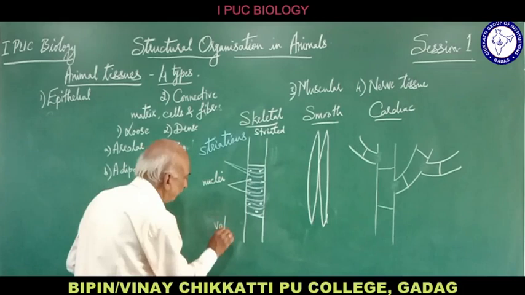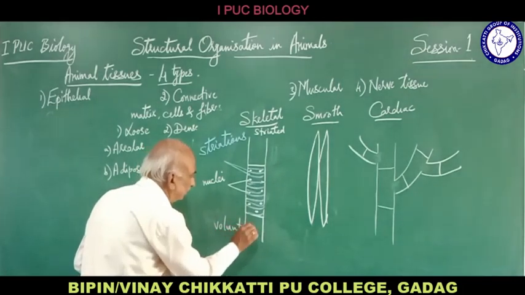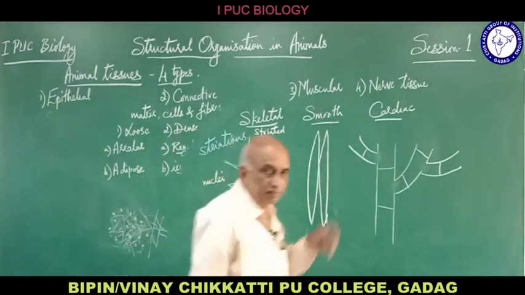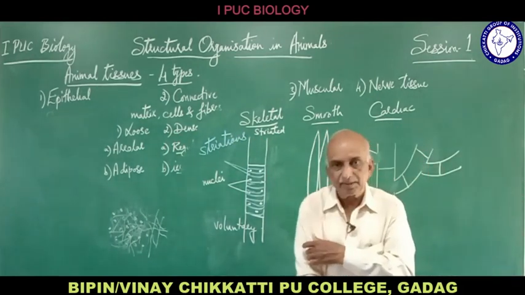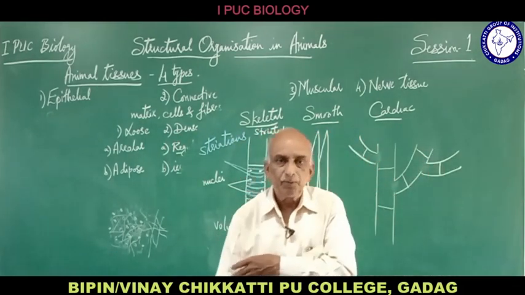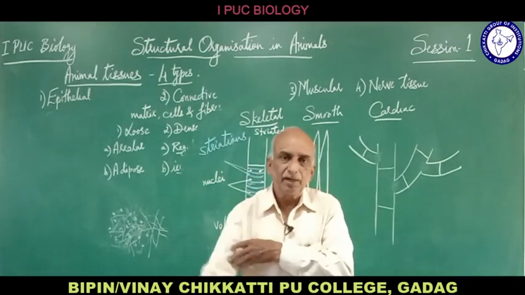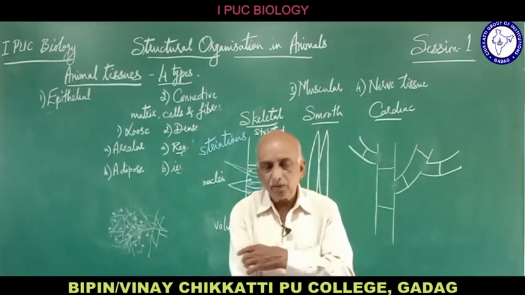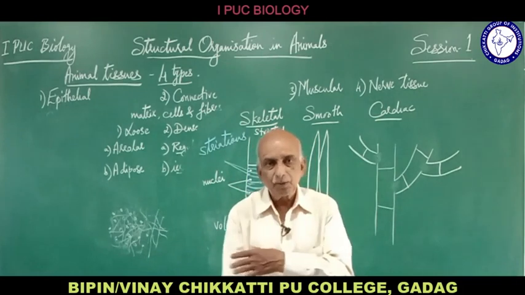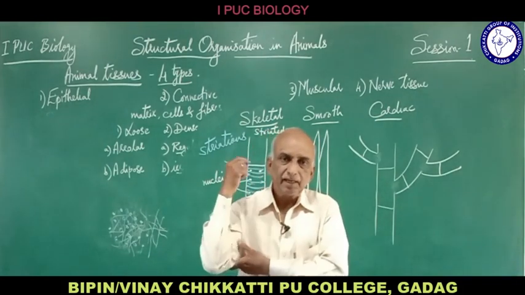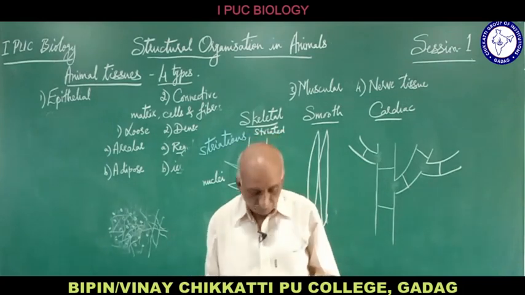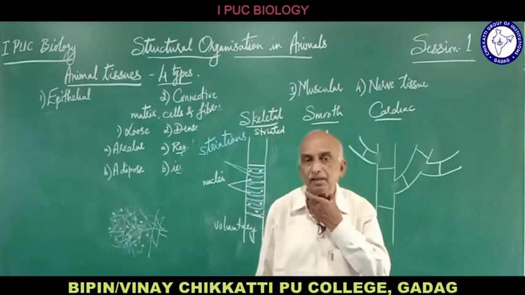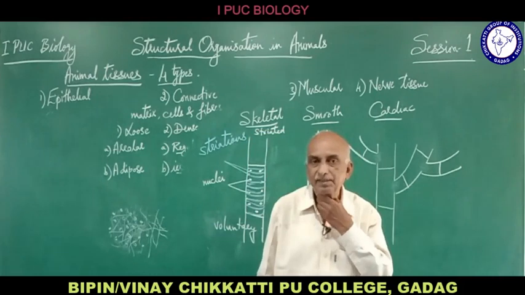And these muscles are voluntary in function. That means we can stretch them according to our will and wish. For example, these muscles I just mentioned, we can stretch and we can contract them. So these are all skeletal muscles. I can stretch these muscles, I can contract these muscles according to my will and wish. And even in our legs, in our neck, we can bend our necks in any direction.